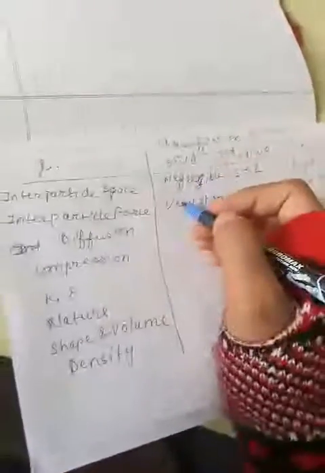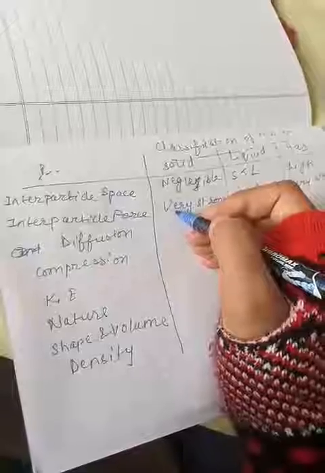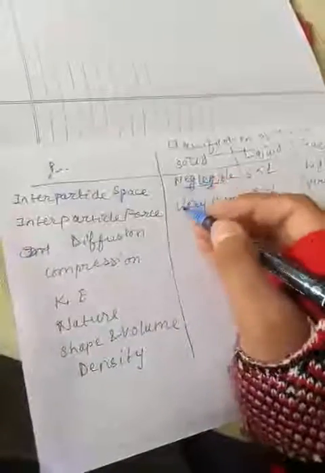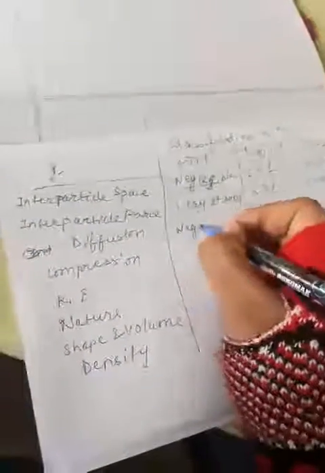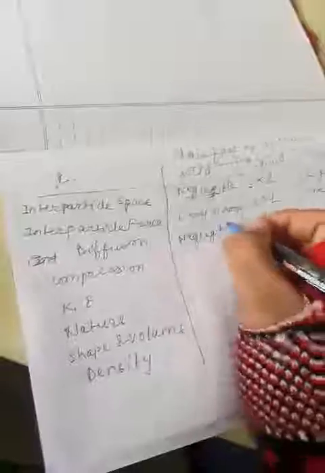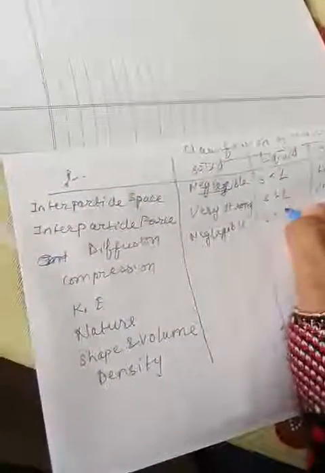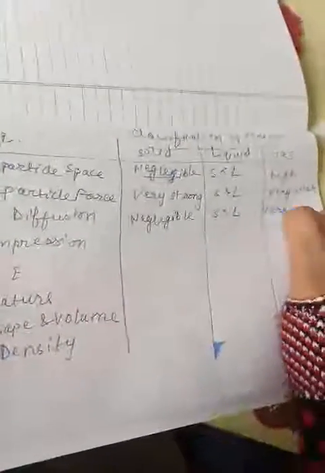Next is diffusion: intermixing of particles of different kinds of matter by their own. Diffusion is negligible in solids because particles are closely attached. Diffusion in liquids is more than solids. In gases, diffusion is very fast.